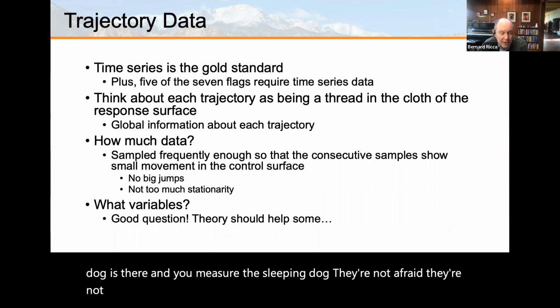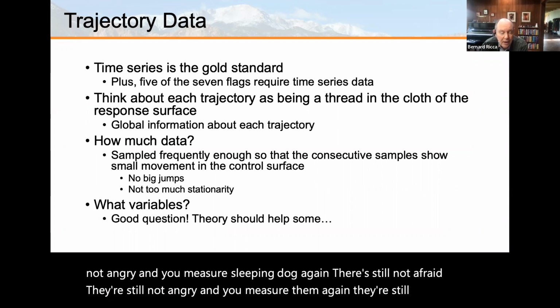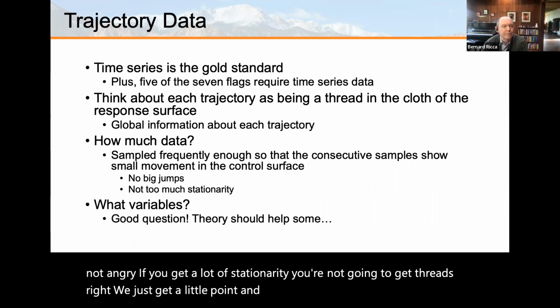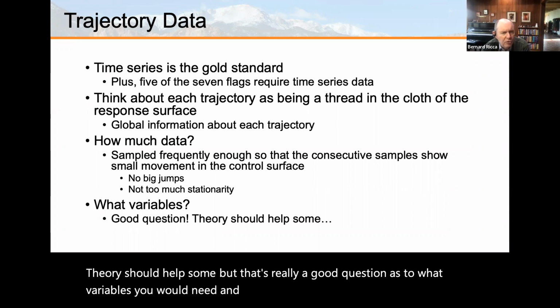You measure again, they're still not afraid, still not angry. If you get a lot of stationarity, you're not going to get threads. We just get a little point, and we need the threads. So what variables? Well, theory should help some, but that's really a good question as to what variables you would need. And we'll talk about the variables shortly.